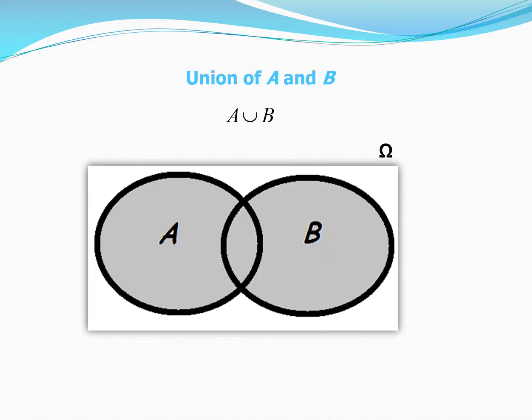The union of sets A and B is denoted by this notation, A or B. And with unions, we look at all the points or elements that occur in A only, in B only, or in A and B, if they do overlap.